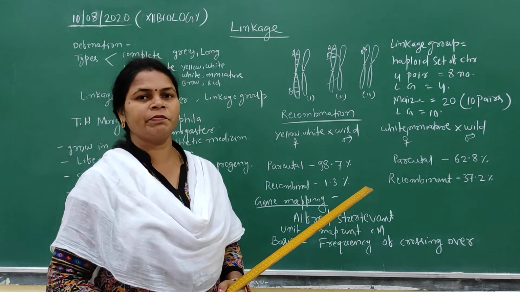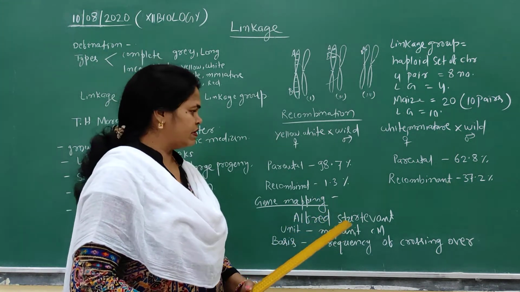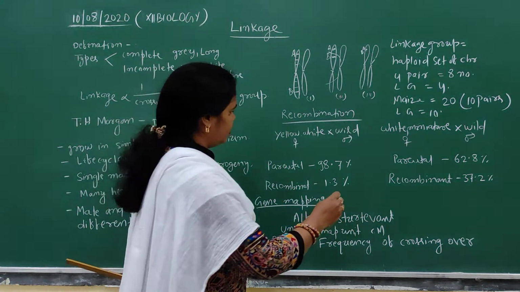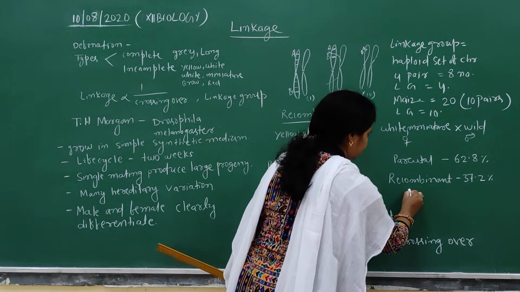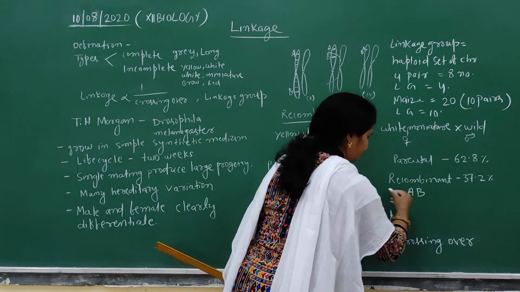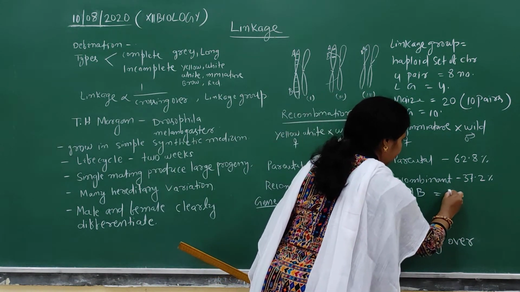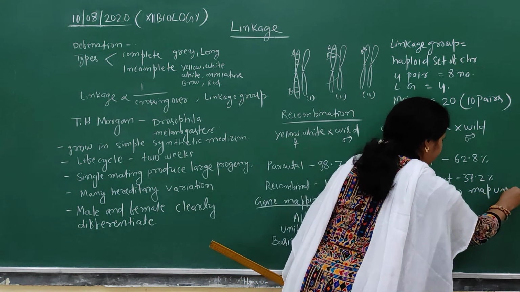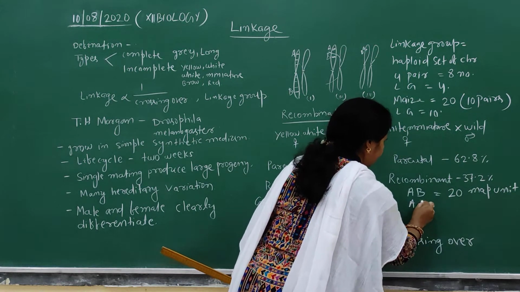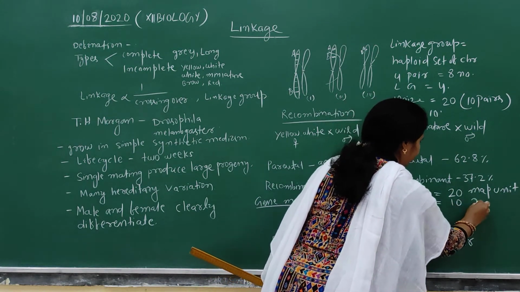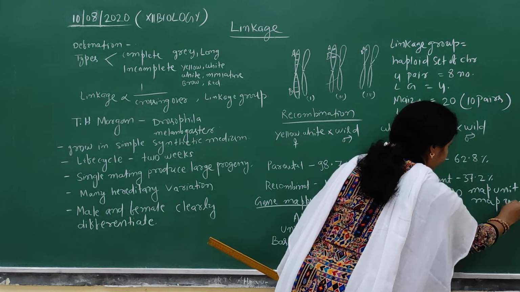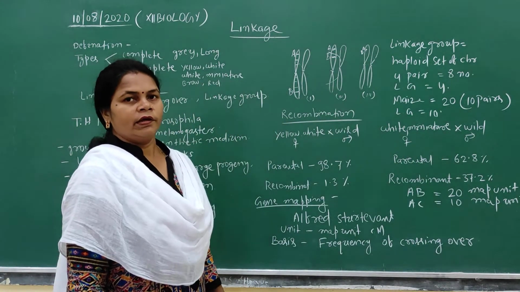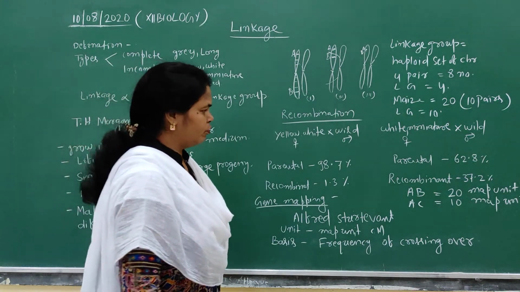What is the basis of gene mapping? Recombination frequency. Suppose your question comes like this: A and B have 20 map units, and A and C have 10 map units. Find out the location of the genes on the chromosome.